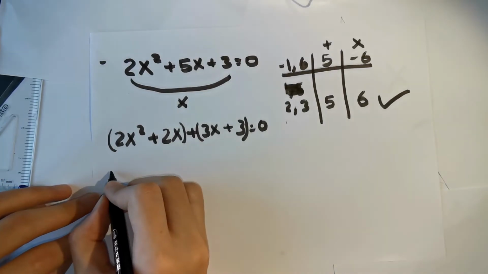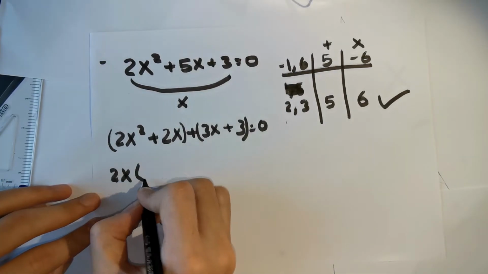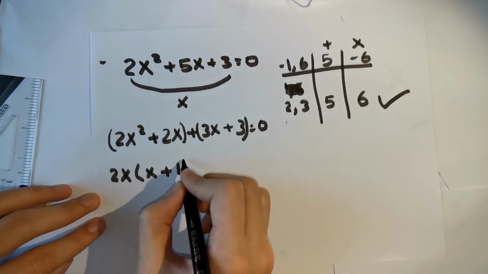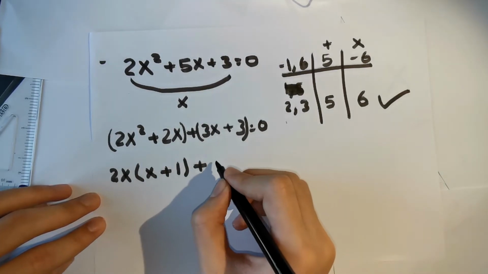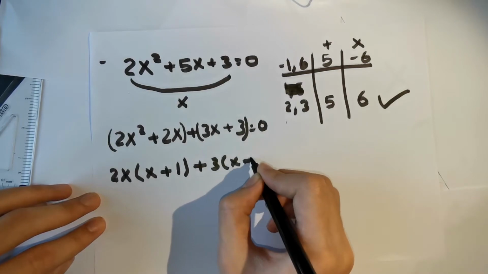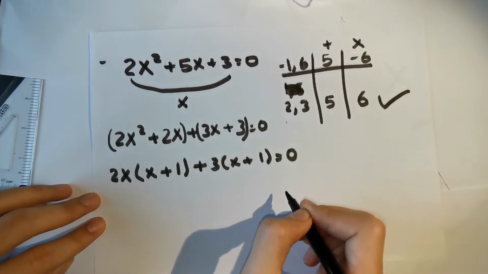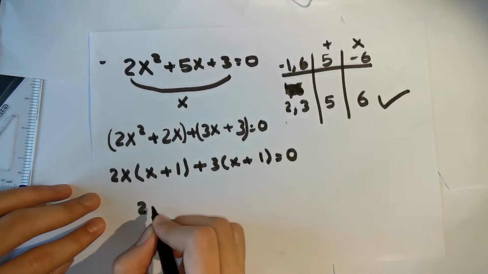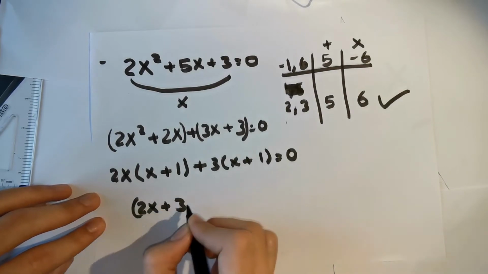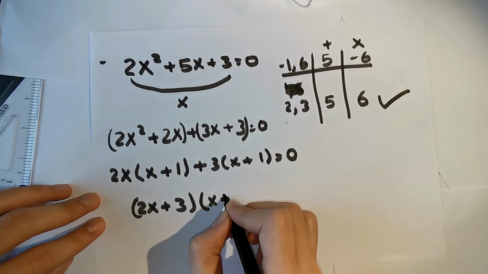So we look for the greatest common factor, which in this case is 2x and 3. So when we factorize them we get 2x plus 3 times x plus 1 equals 0.